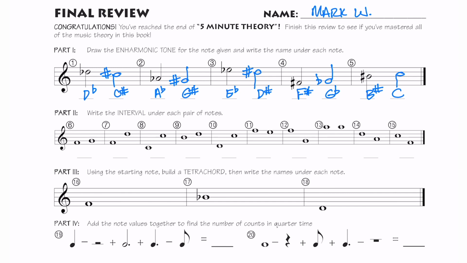All right, part number 2, I'm going to write the interval under the pair of notes. Now you remember what an interval is. It is the space between the numbers between first and second note. All right, so F to G, if I think about just the letter names, now I'm not thinking about half steps and whole steps, I'm just doing the letter names, is a second.